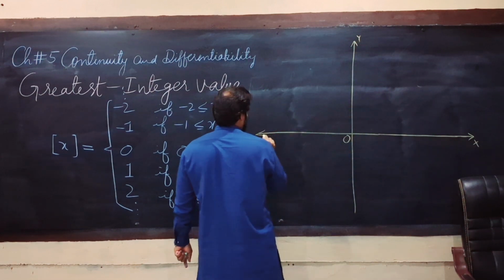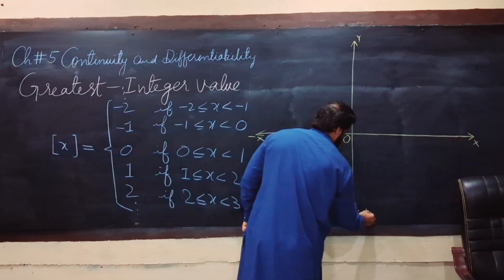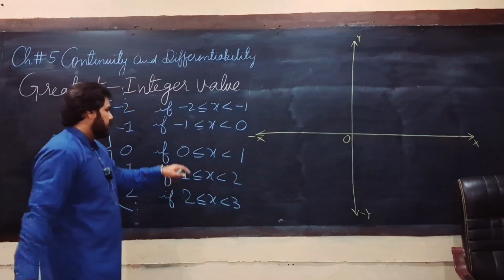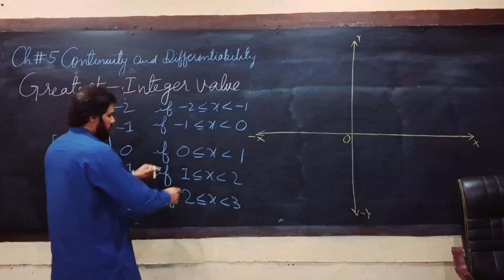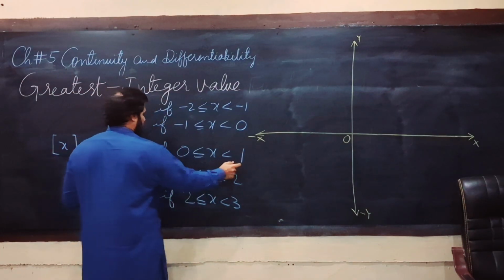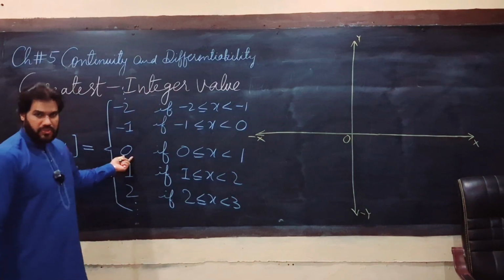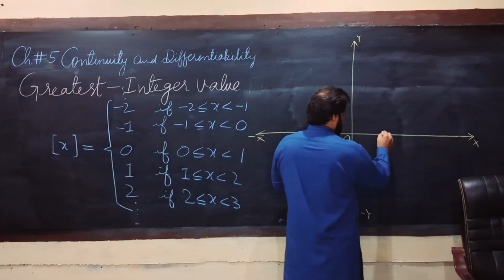And this is negative x, this is negative y. Now we locate all of these intervals on the x-axis. The first interval is 0 to 1, where 0 is included but 1 is not included. And in this interval the value of the function is 0. So suppose this number is 1.